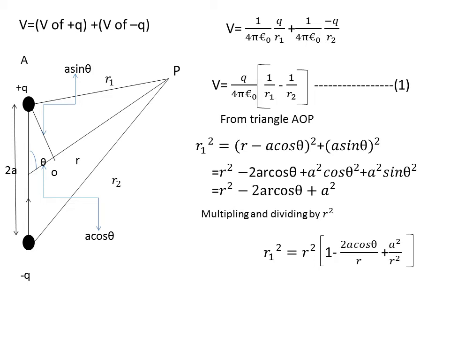So we get r1 square is equal to r square into, dividing each term by r square, the first term becomes 1. Second term is 2ar cos theta by r square. R and r cancel each other and we get minus 2a cos theta by r, and the last term is a square by r square.